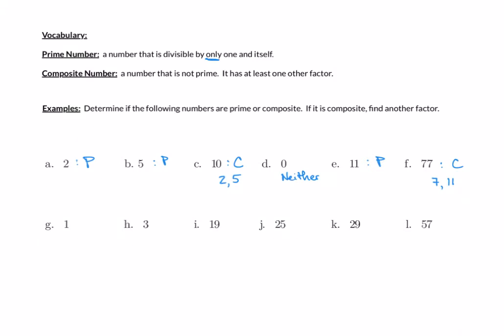All right, what about the number 1? Do you think it's prime or composite? This is also another trick question. This one is considered neither. And I'll explain why briefly in a few minutes. You don't necessarily need to know why, but it is considered neither prime nor composite.